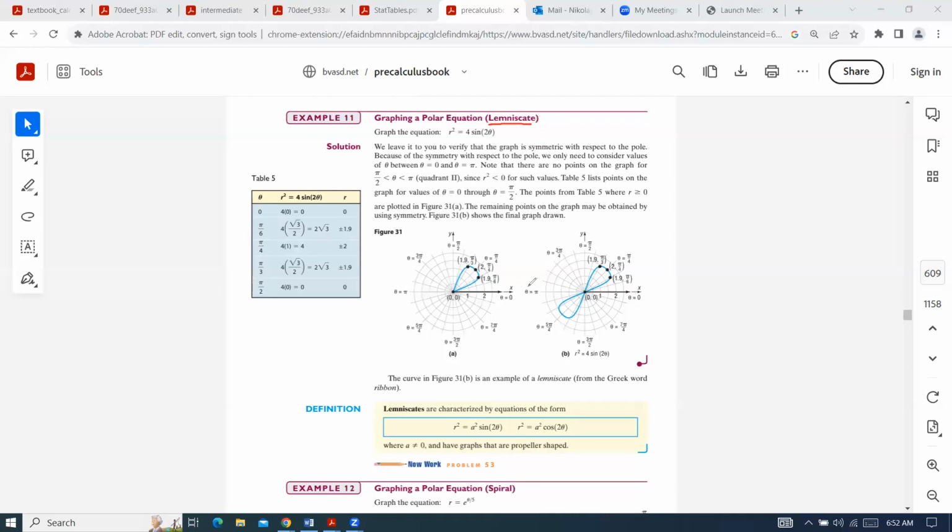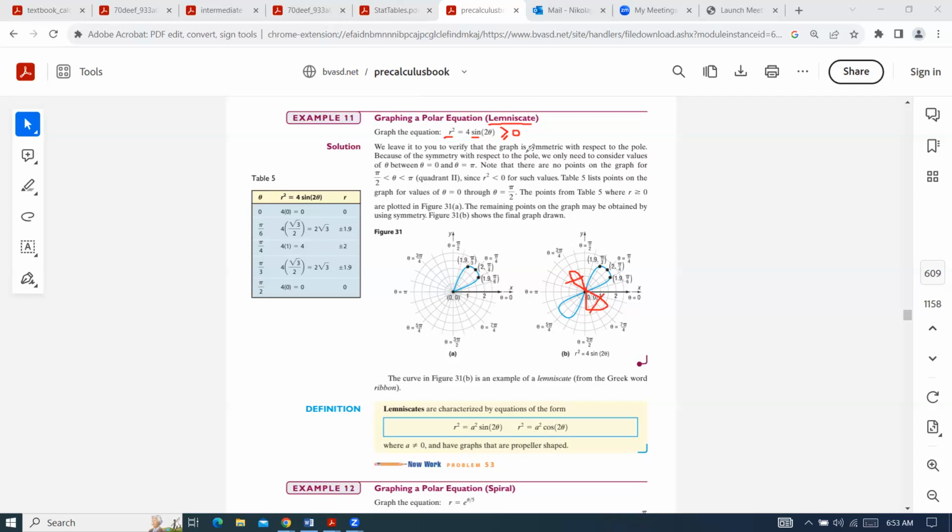Notice that the graph here could possibly have more in it, but it doesn't, because r squared on the left side means it's positive, or maybe zero. In other words, we're only concerned with values of sine that are positive and not negative, and the negative ones will actually make these parts of the graph disappear.